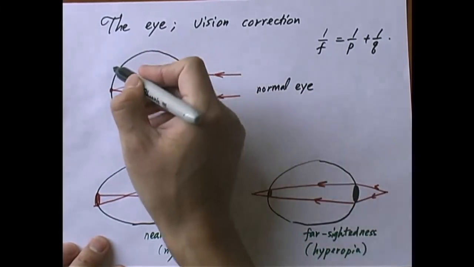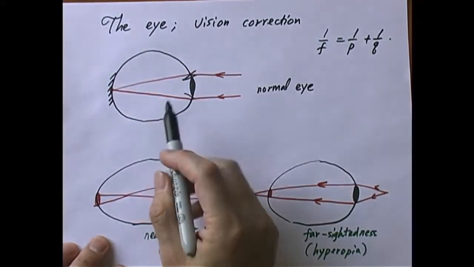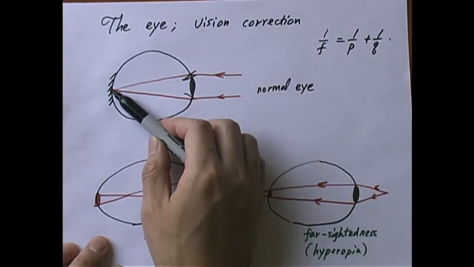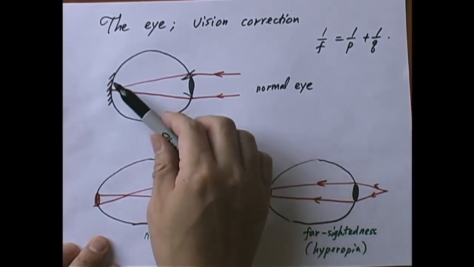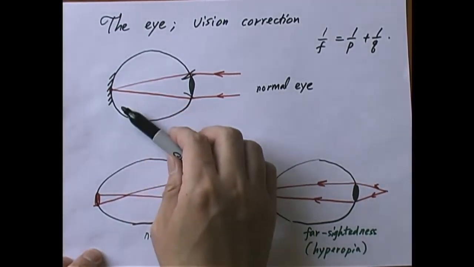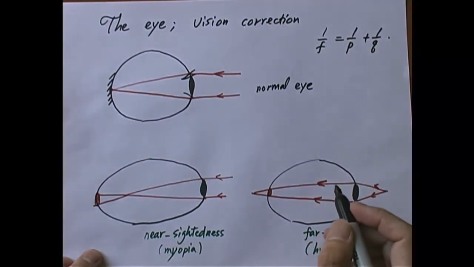In the back of the eyeball, we have a neural network called the retina. As light comes focused on the retina, the neuron tips at the retina will turn these light signals into electrical signals, pulses, to be processed by your brain to interpret as images.